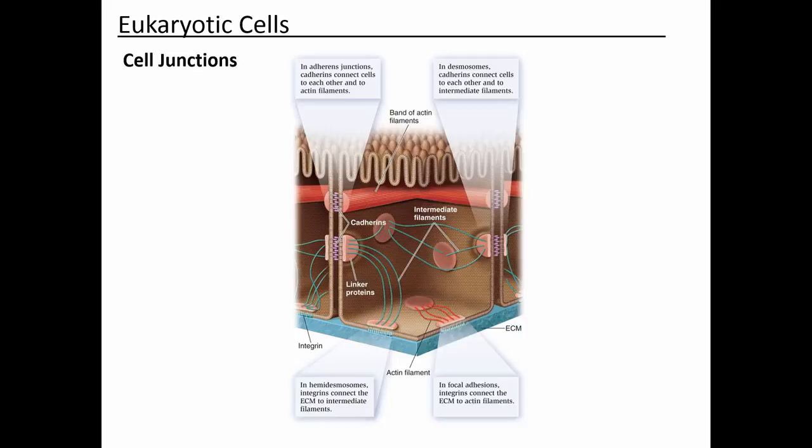One important type is called cadherins. So these are going to actually be the proteins that link either a cell to another cell or to the extracellular matrix, cadherins, and then proteins called integrins.